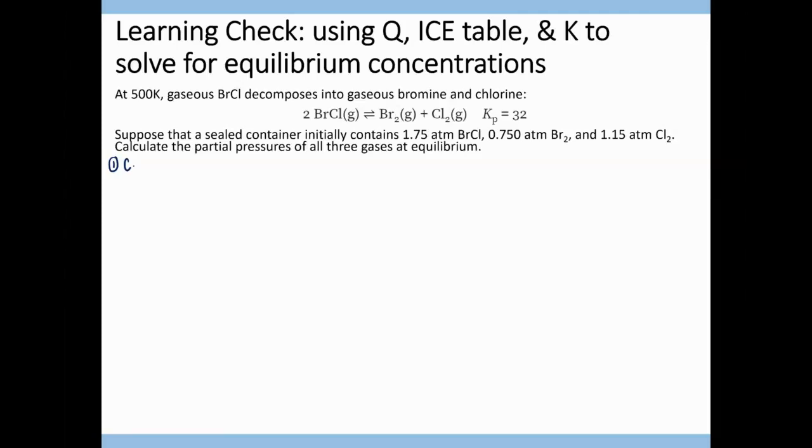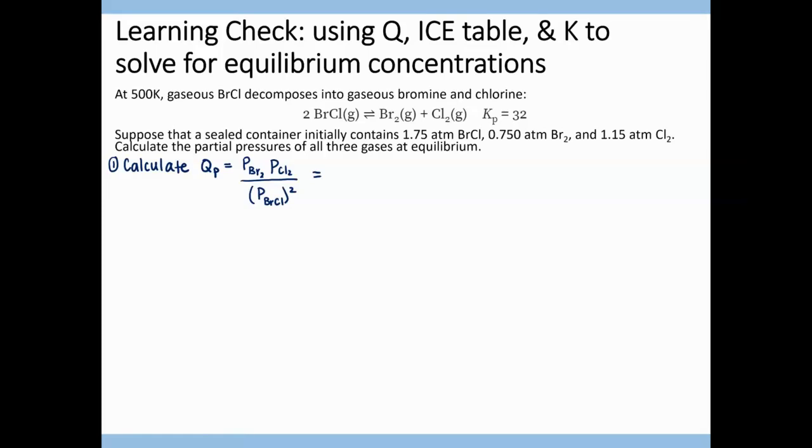So our first step is to calculate Qp. And remember, this is the same formula as Kp. So we have pressure of Br2 times pressure of Cl2, divided by pressure of BrCl, and we square that because of the coefficient in the reaction. And then we plug in values.